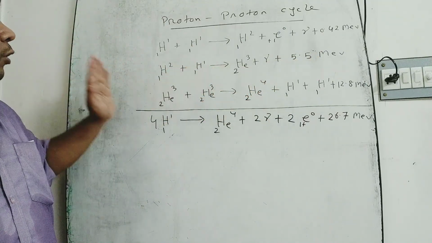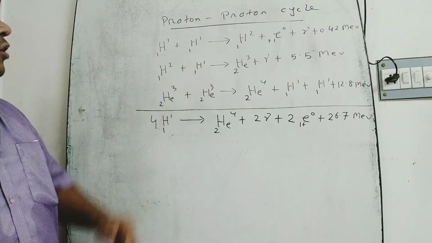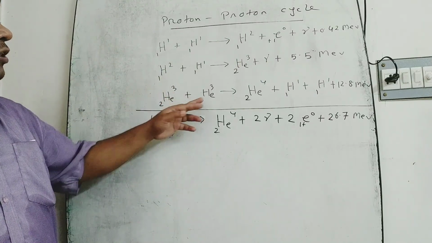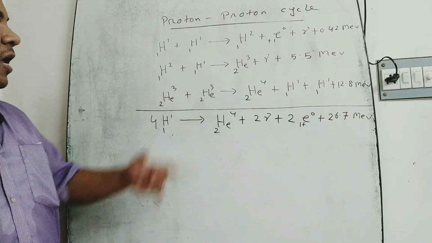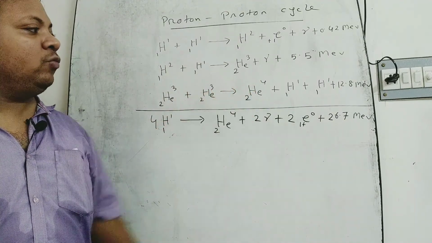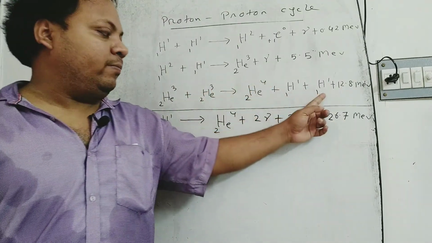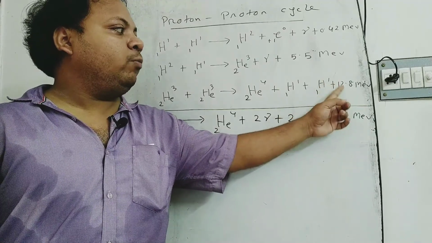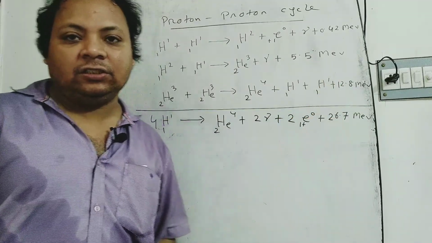Next, 1 helium-3 nucleus reacts with another helium-3 nucleus and gives us a helium-4 nucleus, 2 protium and 12.8 mega electron volt energy.